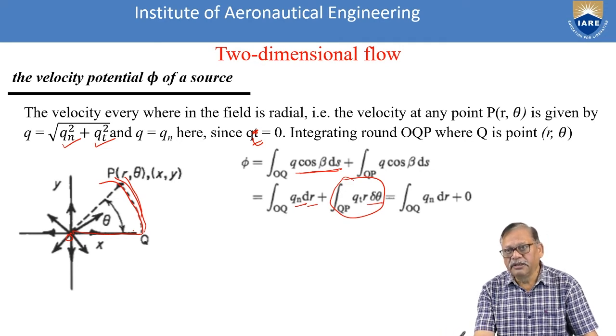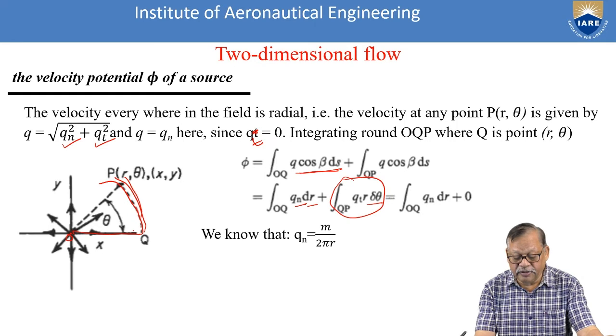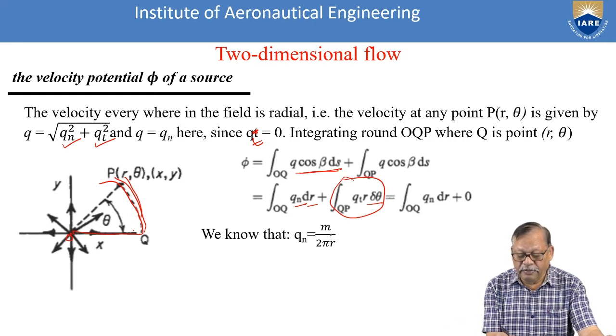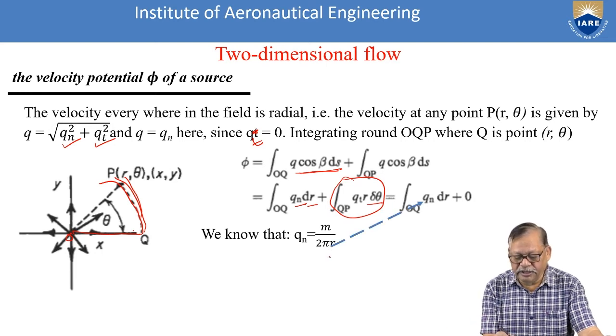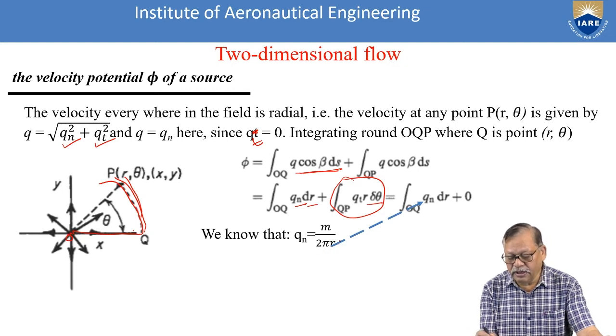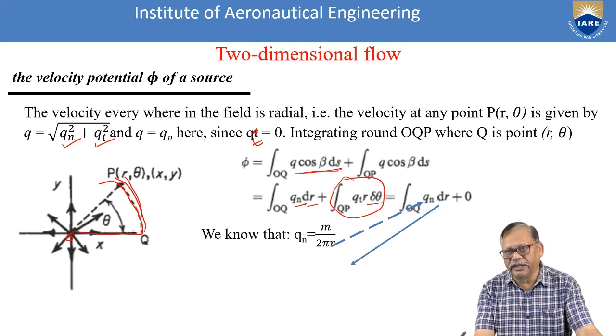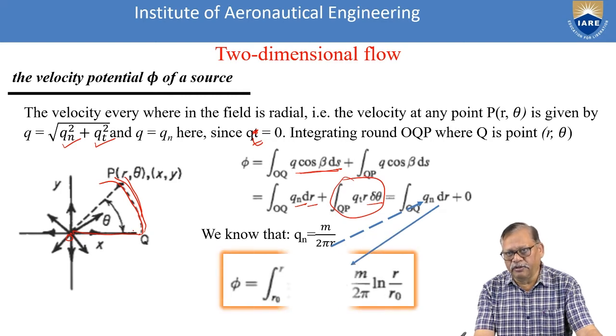So let us say then, qn is equal to how much? Qn is equal to m by 2 pi r, right? That we know. That is nothing but qn is equal to m by 2 pi r. And from that, what do we get out of it?